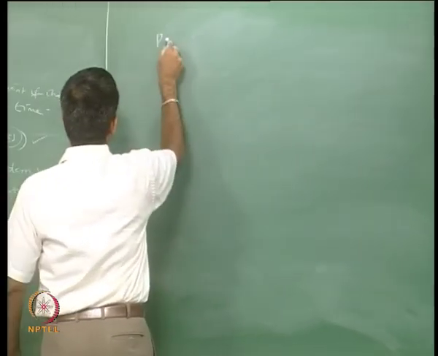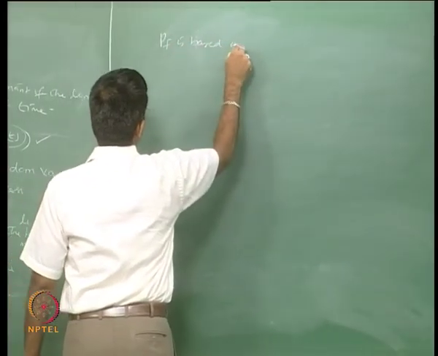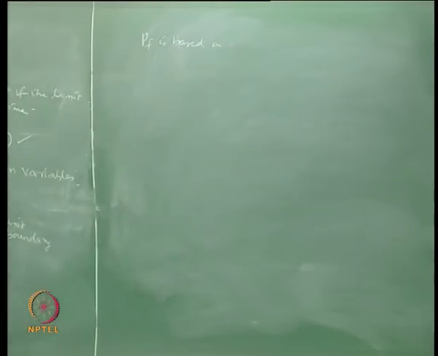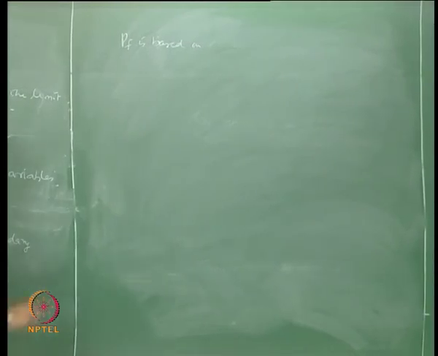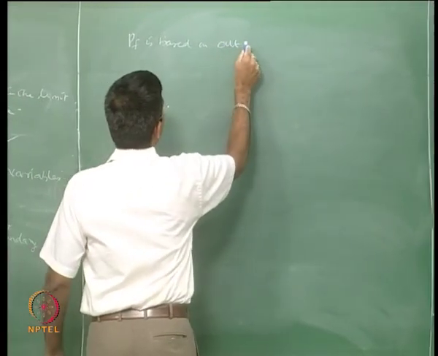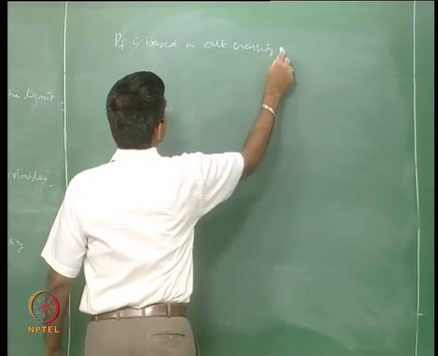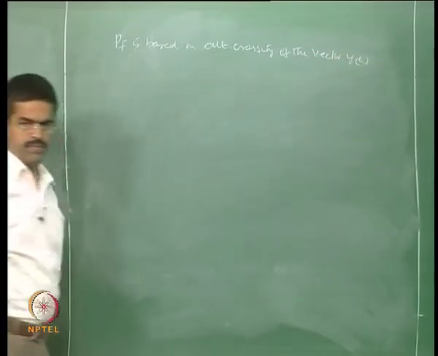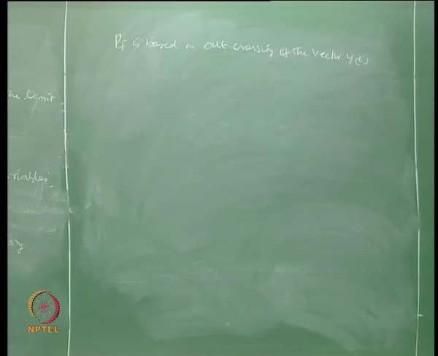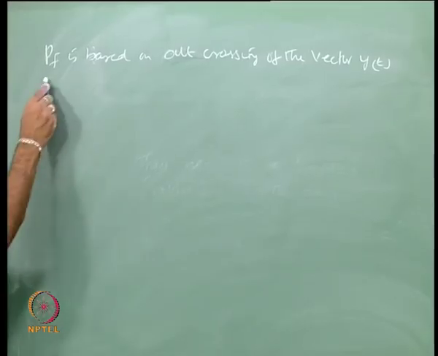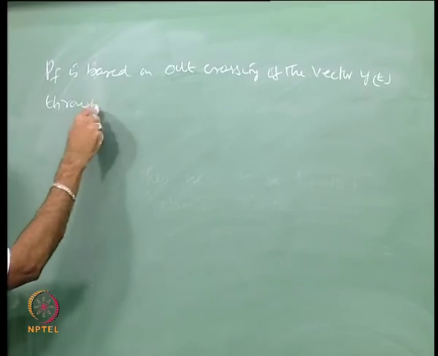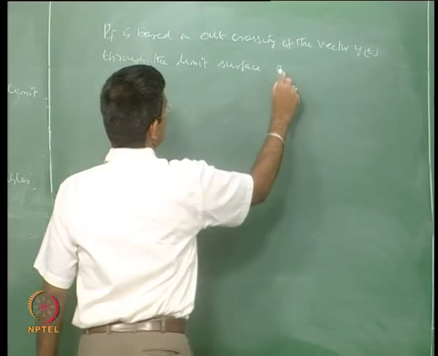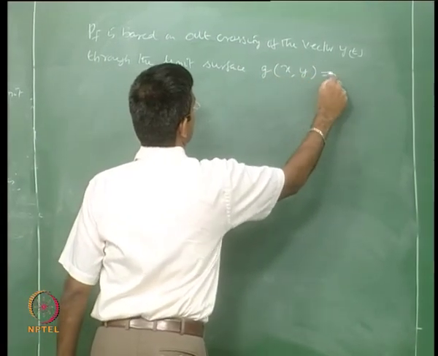So, probability of failure is based on outcrossing of the vector y of t through the limit surface g of x comma y.